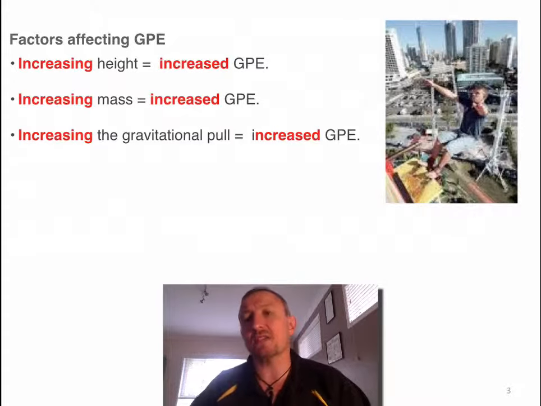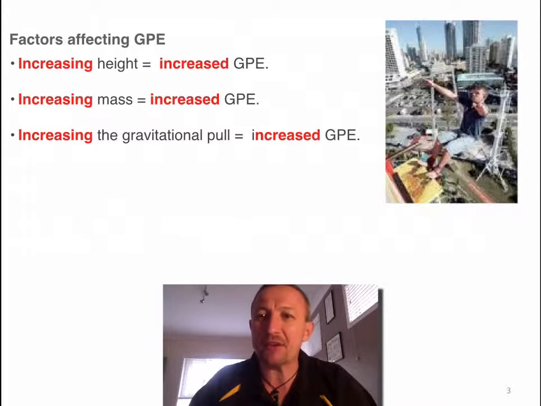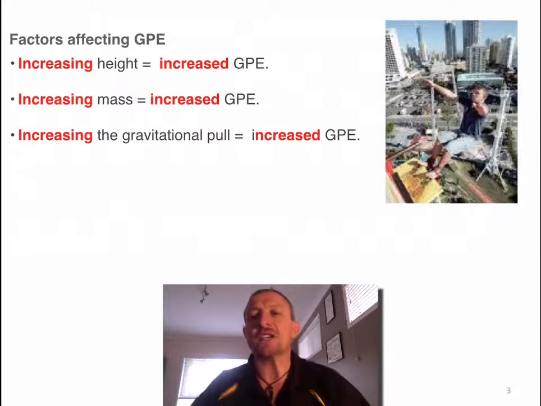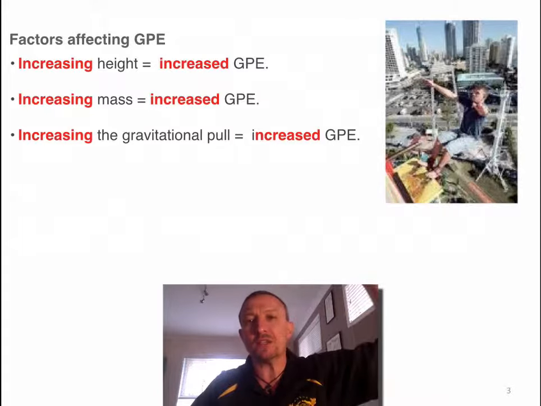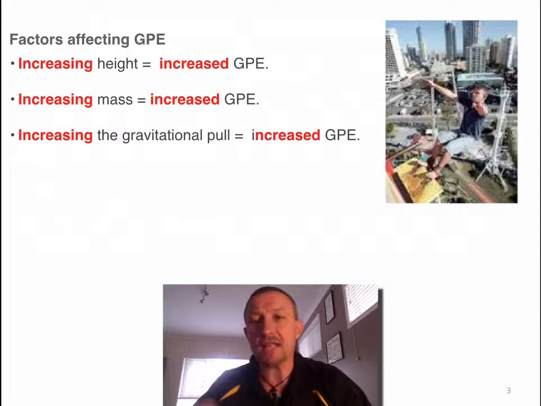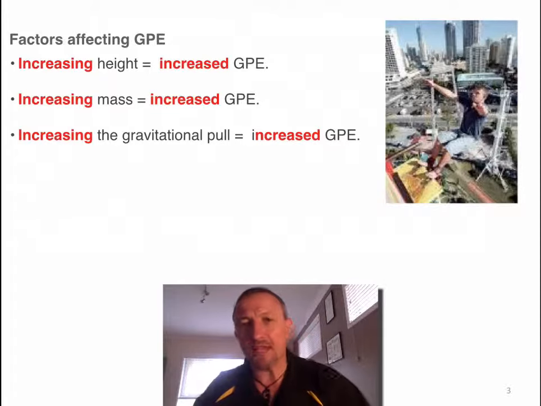Okay, so let's have a look at this guy here. He's in Surfers Paradise on the Gold Coast, and he's jumping off a high rise on the bungee. Basically, by going up in a winch, or in a cage, he has gained gravitational potential energy. That is going to be converted into kinetic energy on his way down.